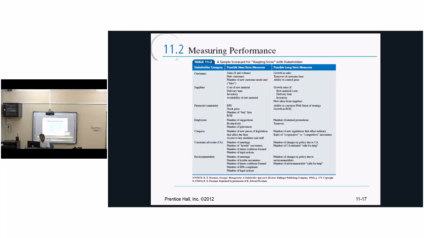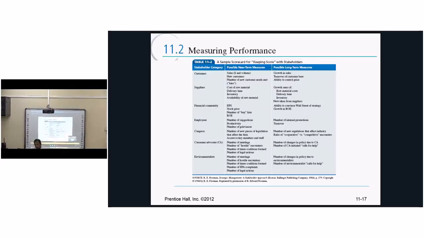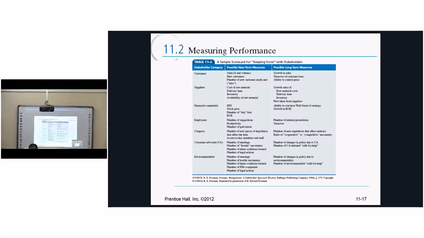You measure your performance depending on the type of stakeholders that you engage with, and you have two types of measures, short-term measures as well as long-term measures. Now, ROI is a single measure, easy to understand, easy to explain, whereas when you have multiple measures like stakeholder categories, short-term and long-term, it becomes a kind of complex exercise.